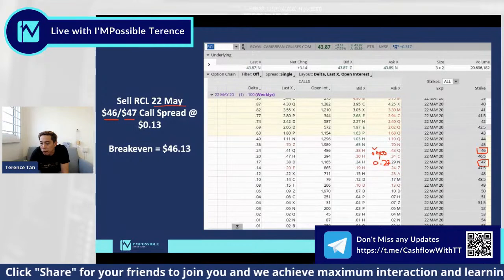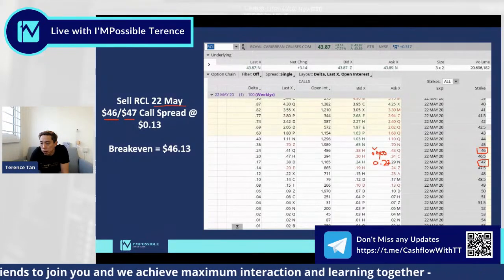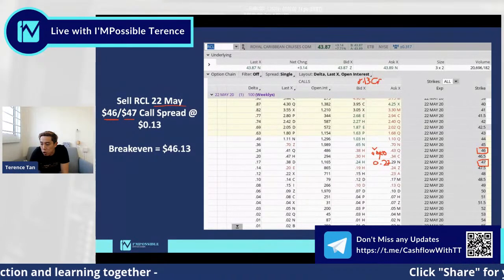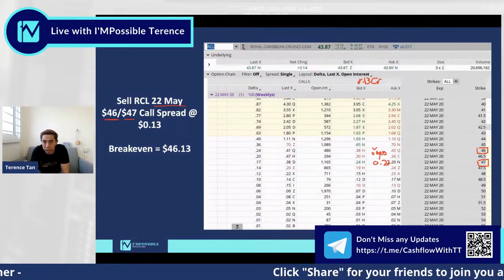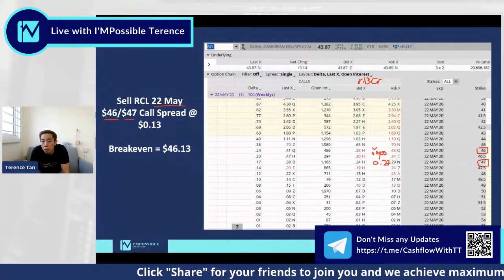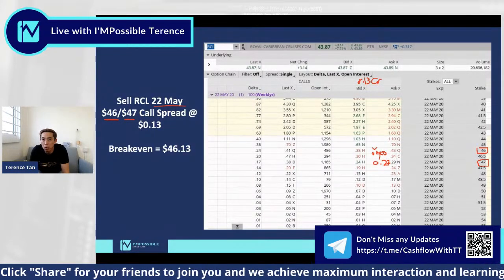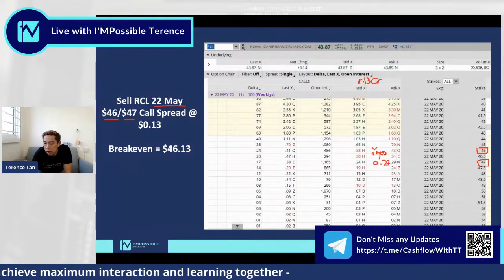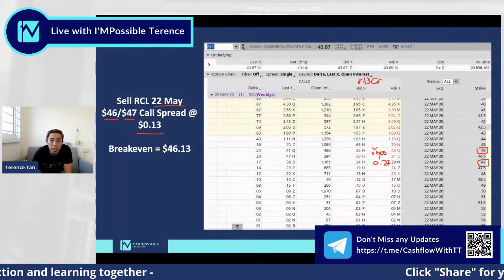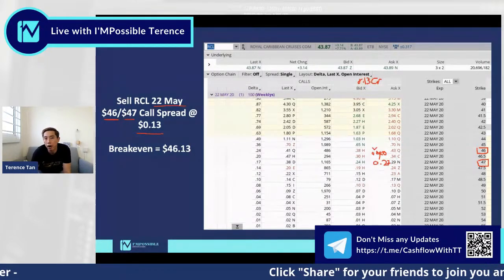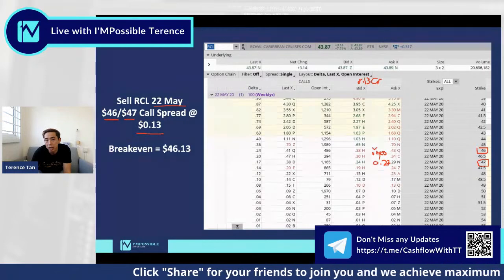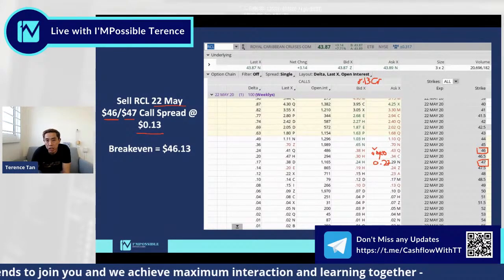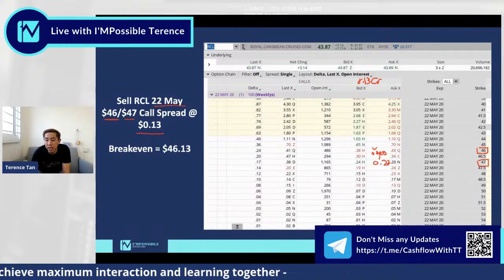So that leaves you with the offset amount, and if you calculate it right, it equates to a 13 cents credit into your pockets after doing both components inside the call spread. You're still going to be able to pocket something from the trade. It's significantly less than what you did yesterday. Yesterday we collected 40 cents. Today it's just 13 cents. But in return, what are you going to get? We'll discuss that in a while.